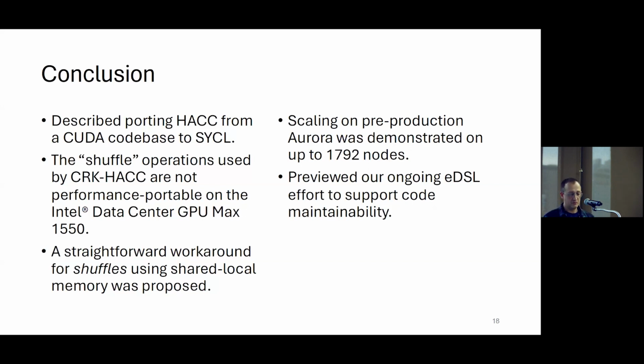We provided some straightforward approaches, just using shuffles or even some optimized inline VISA that can recover some of that performance loss. We showed some pre-production Aurora scaling on up to 1792 nodes. And our ongoing work with EDSL seems to be pretty promising for supporting both CUDA and SYCL side by side.